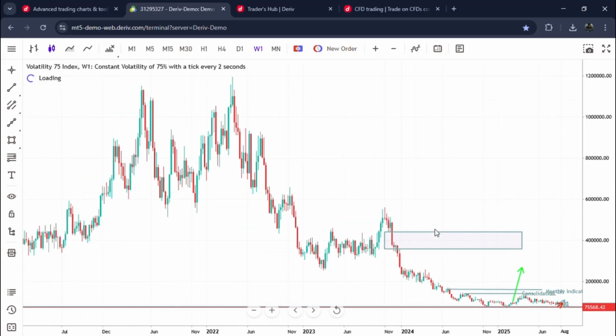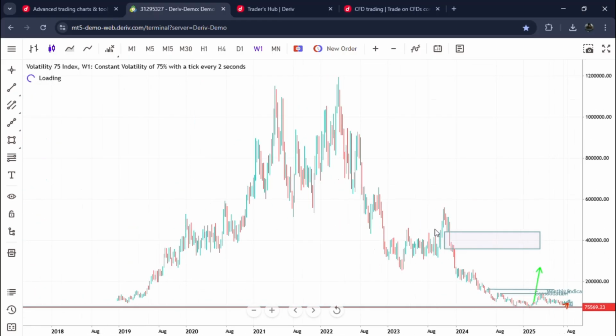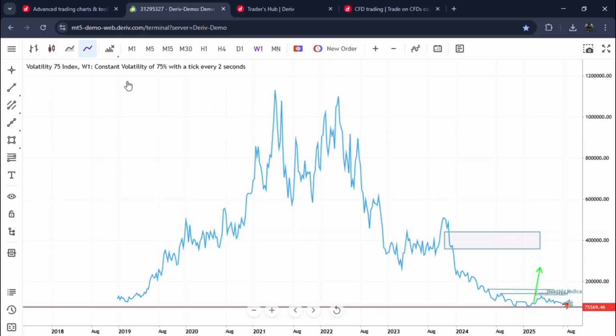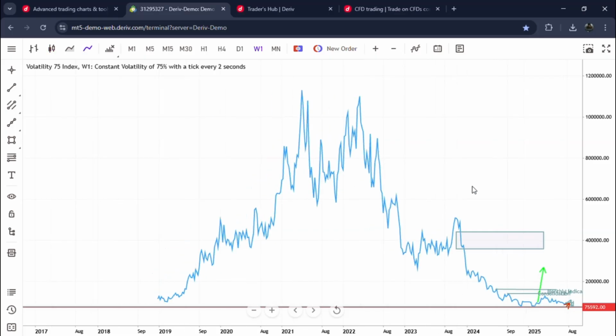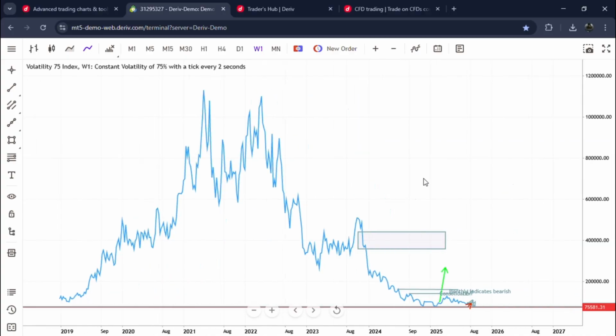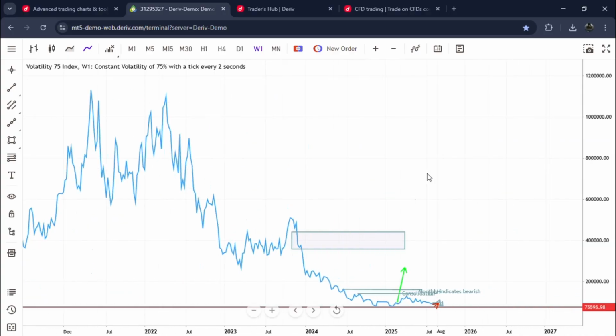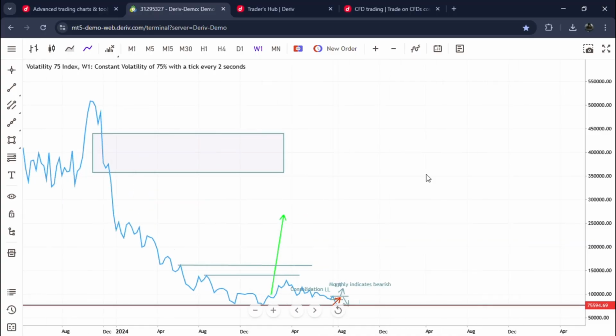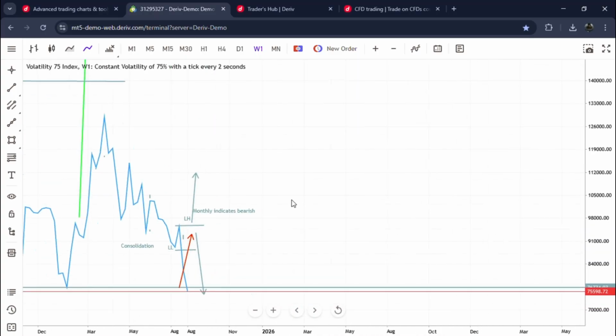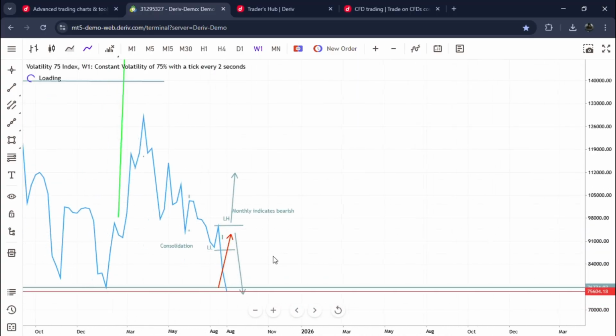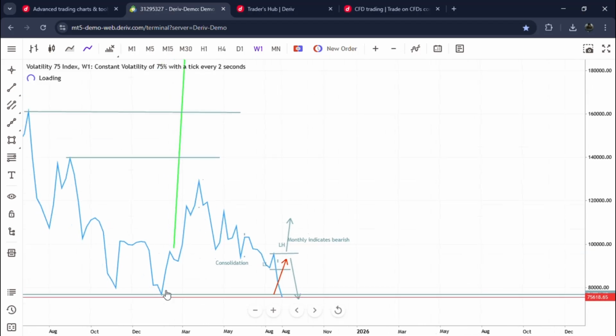Then I can turn this to line graph to make it easy. I don't have to go all this far. So you can clearly see on this pale green line here, there was this peak that is not visible on daily time frame. And if you change your chart to candlestick, you'll clearly see there was this peak, this peak.